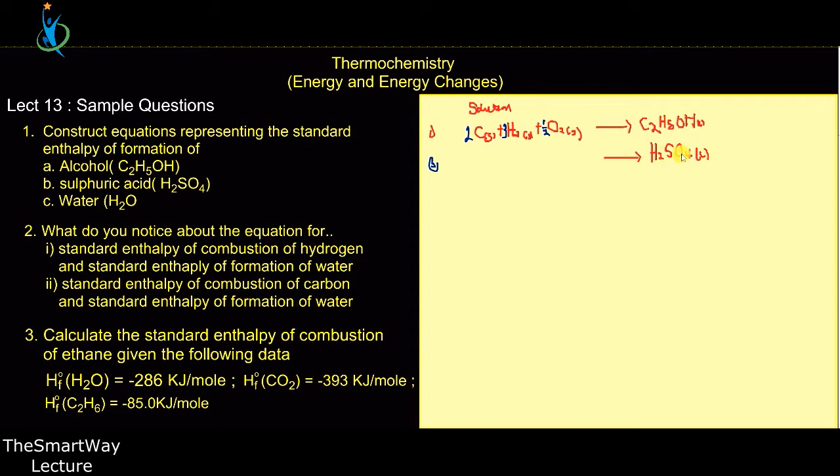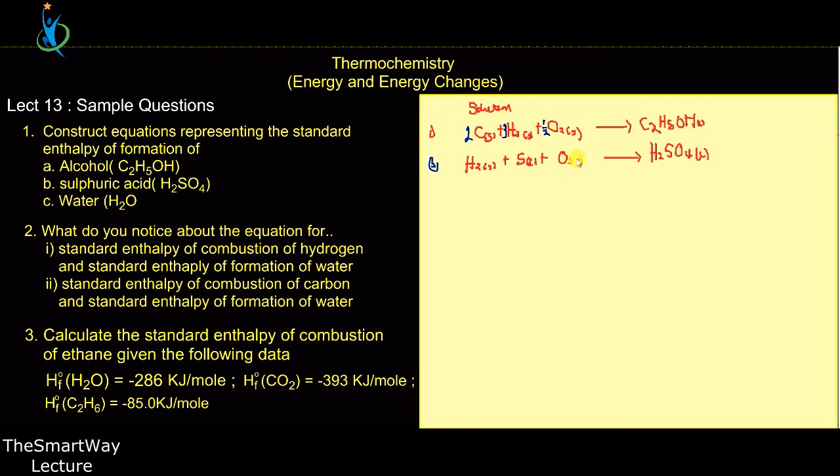And then there are 3 elements here: carbon, sulfur, and oxygen. At the definite state, carbon exists as a solid at room temperature. It's very important to add the state. And then the sulfur also exists as a solid at room temperature, and the oxygen exists as a gas.